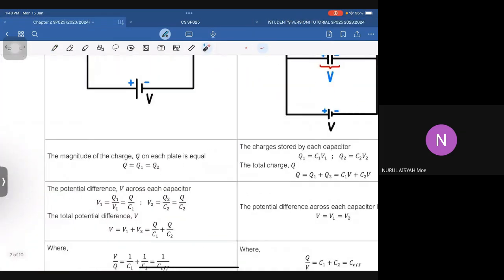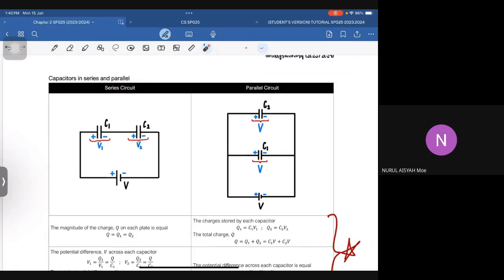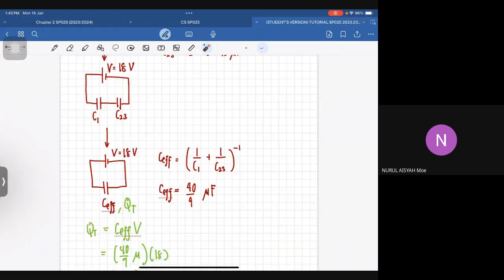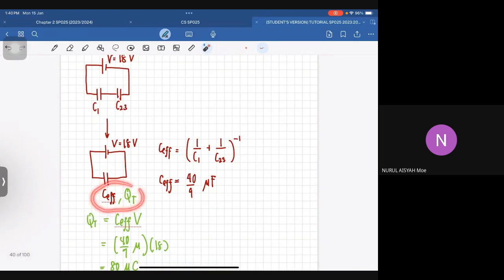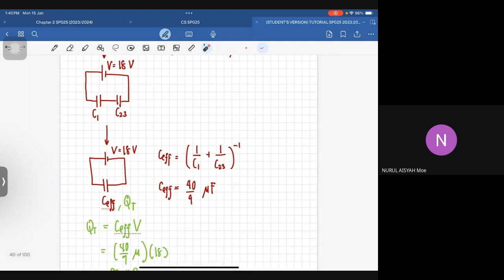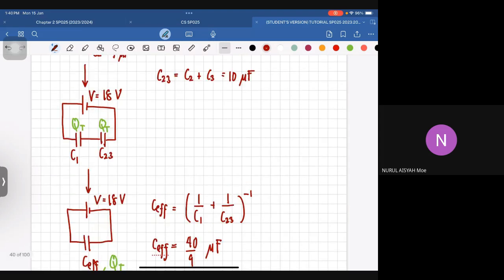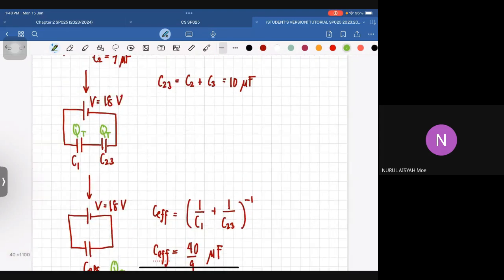So untuk series circuit, for series circuit, the total charge is equal on each capacitor. Okay, meaning to say, kalau di sini total charge dia equal to 80 microcoulomb, this here will also be equal to the total charge. Okay, so apa yang berlaku di sini, I'm gonna use green color untuk solve.